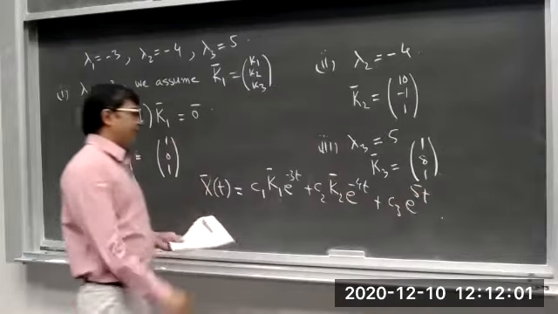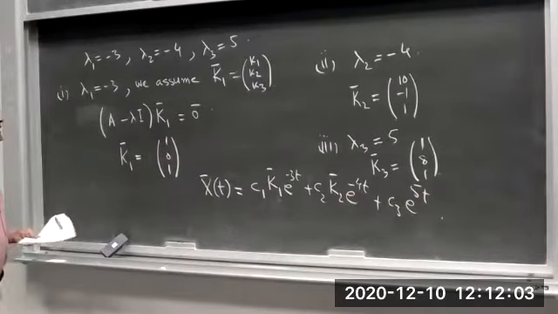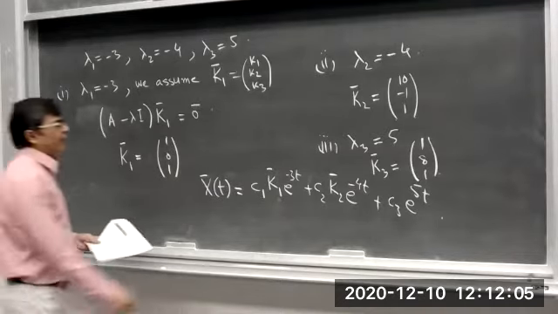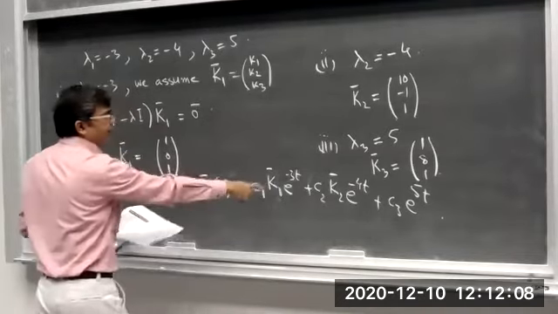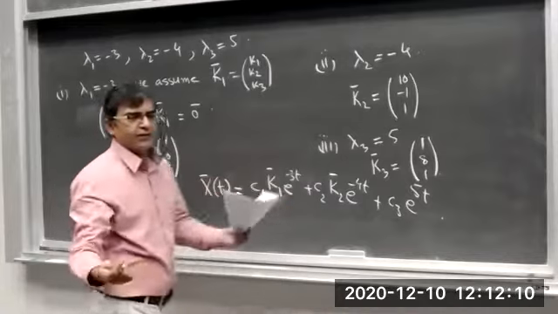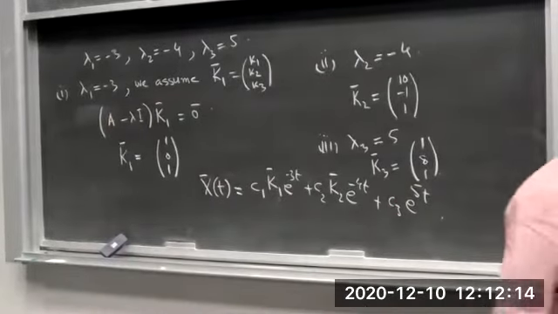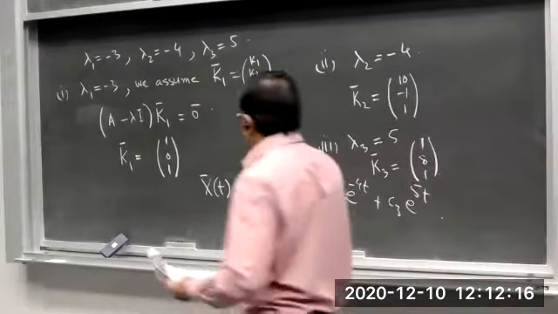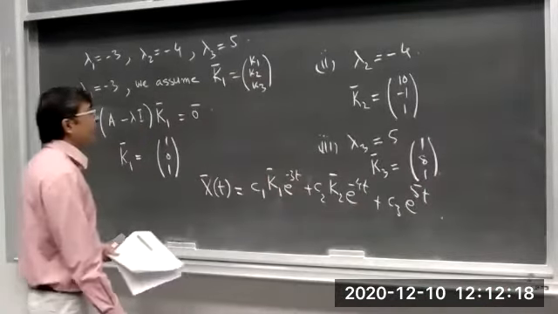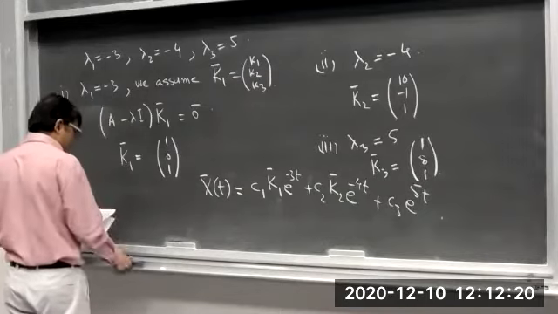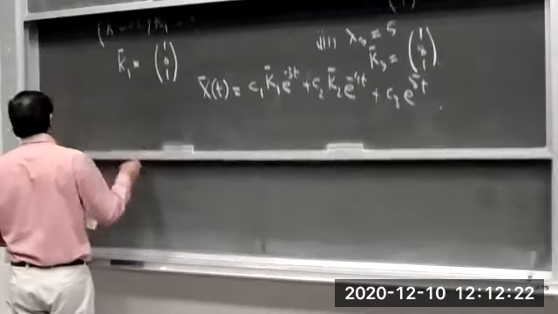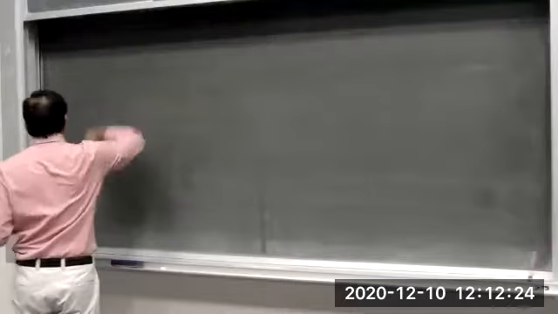So this is your general solution. By inserting the values of K1, K2, K3 here, you get the solution. If the initial conditions are given, we can find these constants of integration, C1, C2, and C3. I hope you get it. If you have any problem, you can discuss it.